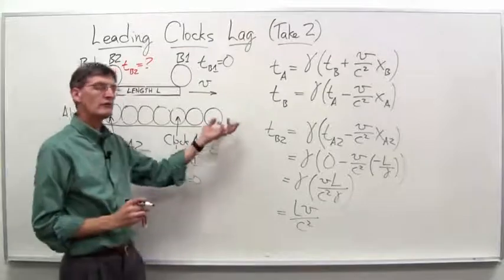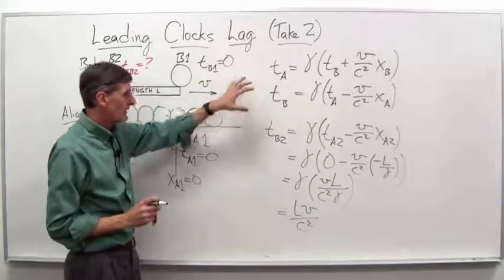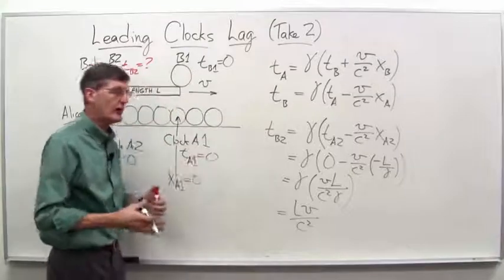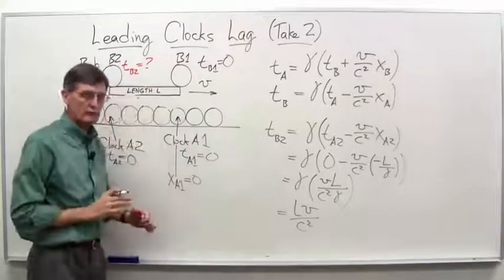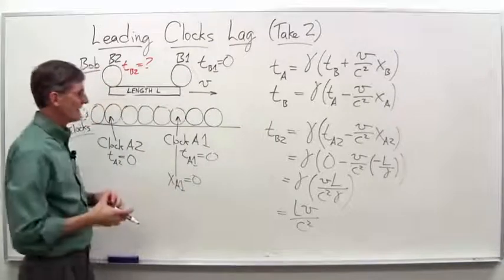So it shows the power of something like the Lorentz transformation. Once we have that tool in our toolbox, we can apply it to situations like this, so we don't always have to go back to first principles to get the answer we want. So that's take 2 on leading clocks lag.